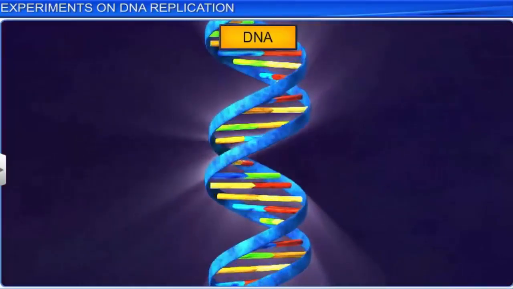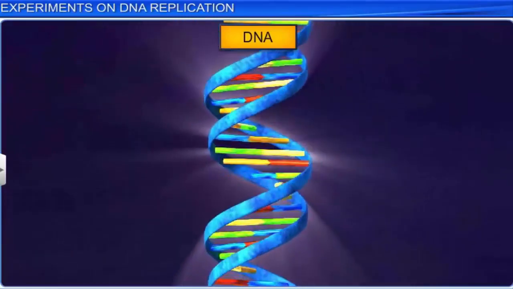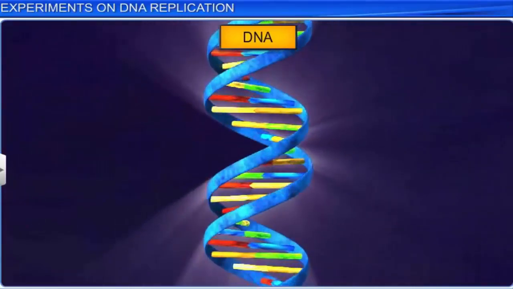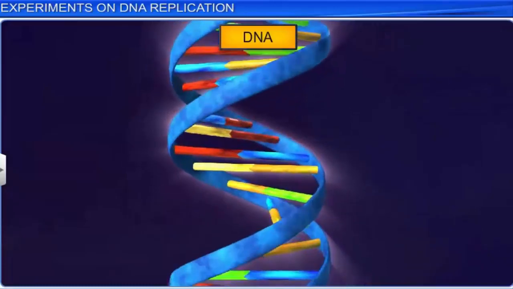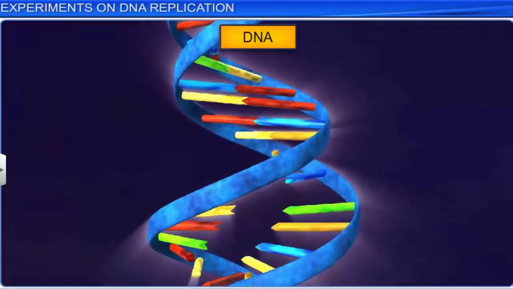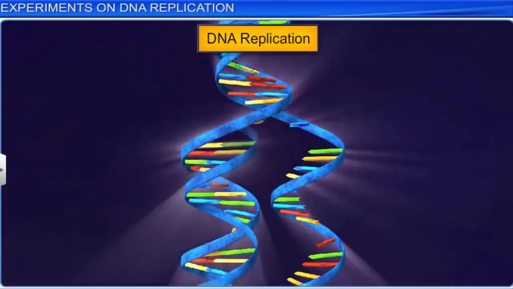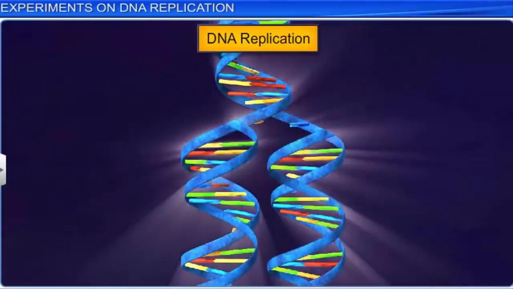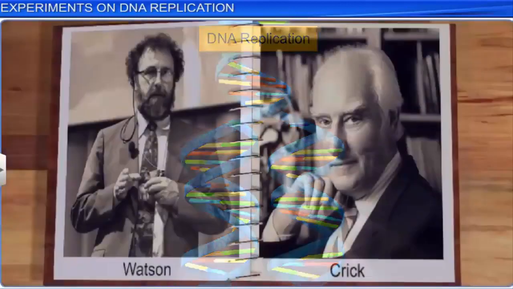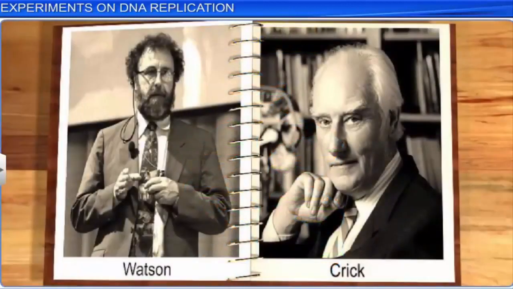Once it was proved that DNA was the primary genetic material in the living system, it was natural to conclude that DNA replicates, as a molecule qualifies as genetic material only if it replicates. Scientists Watson and Crick, who in 1953 had proved that DNA had a double helical structure, had also suggested a probable scheme for the replication of DNA.